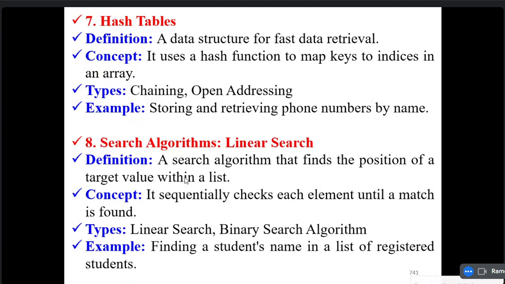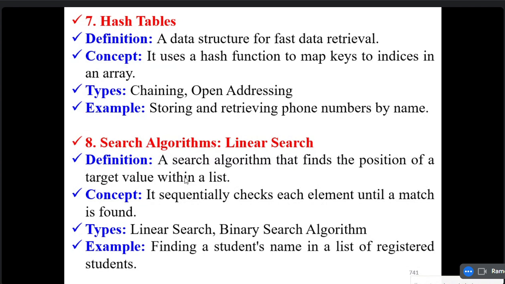A hash table is a linear data structure for fast data retrieval compared to other searching techniques. It uses a hash function to map keys to indices, like A[0], A[1] in an array. There are types of hash tables like the chaining method and open addressing method. An example is storing and retrieving phone numbers by name.